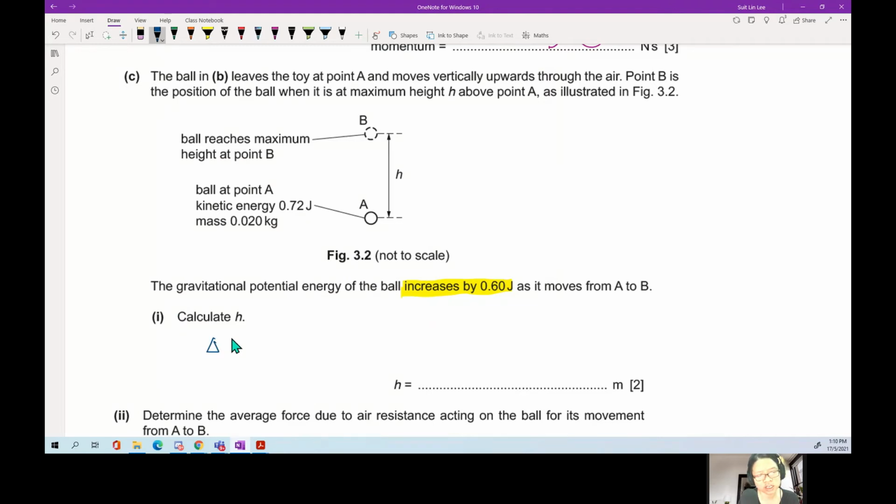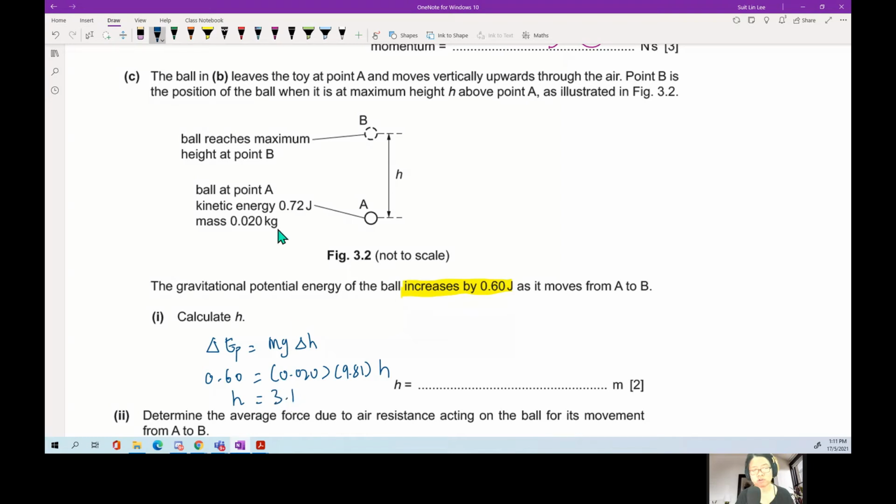So the change in GPE is equal to mg times change in height, or h. So if it increases by 0.60 and my mass is 0.020, times 9.81, times h, I can find h. Yes, you can. h will be 3.1.